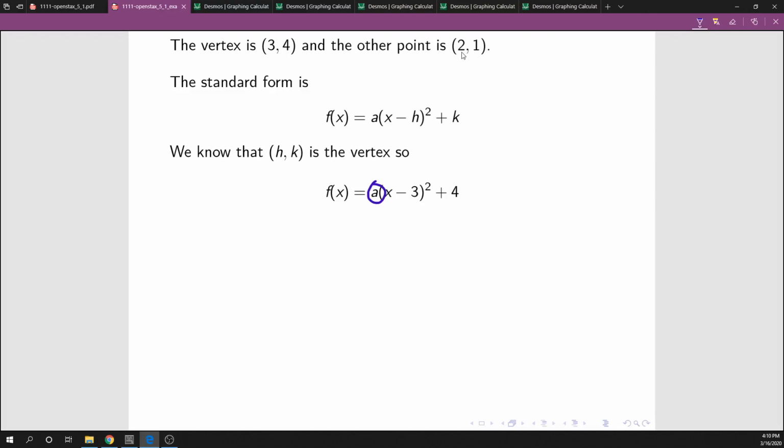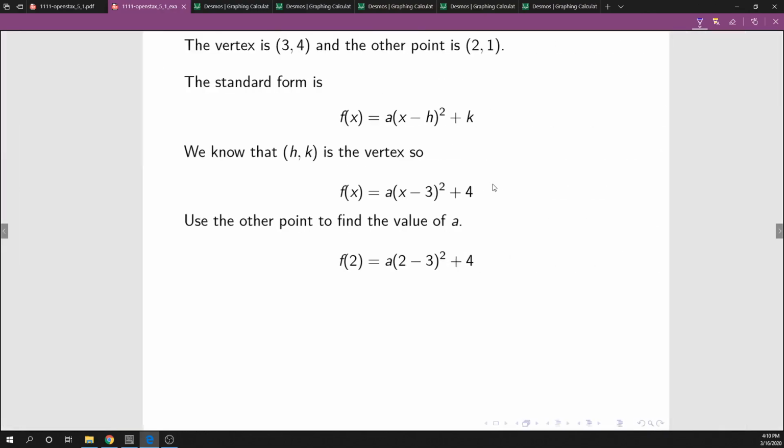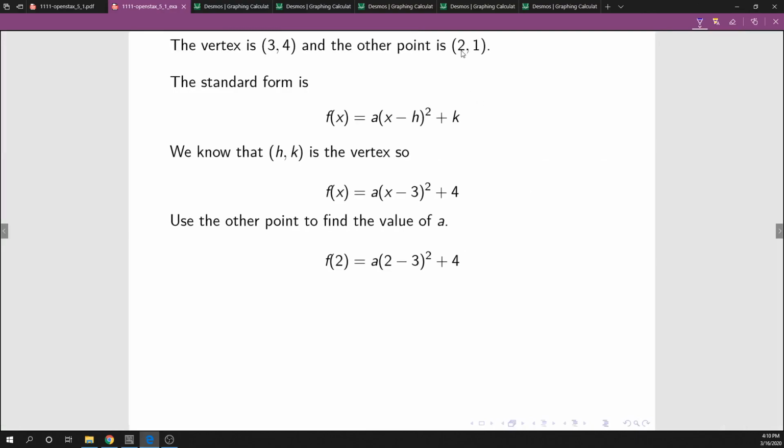Okay, the other point, what we're going to do is take the 2 and plug it in for x into both these spots right here, because that is the x coordinate of the other point. All right, so you can see I took that 2 and I plugged it into this x and this x in here. And now I'm going to simplify this side as much as I can.